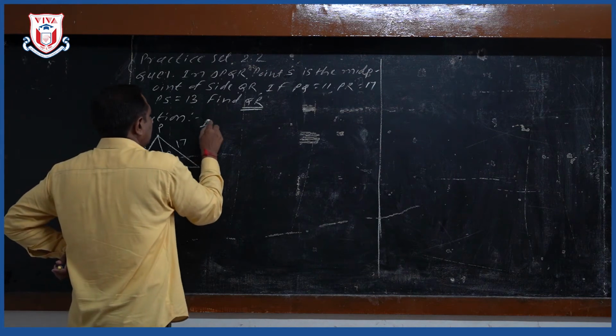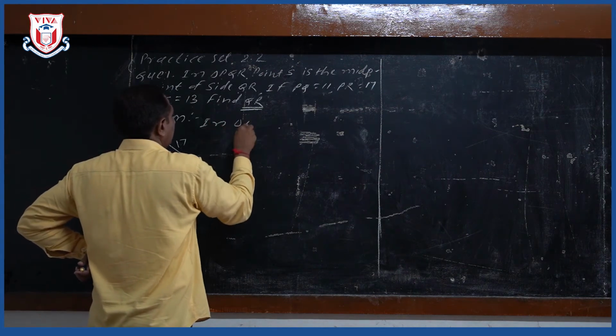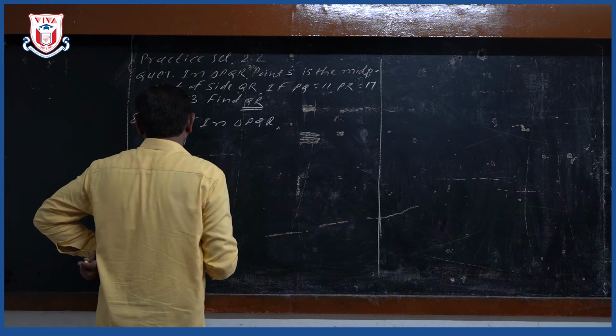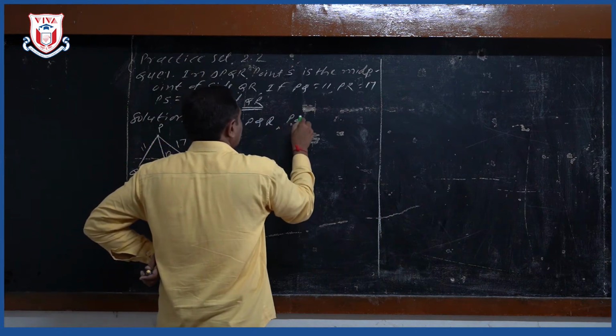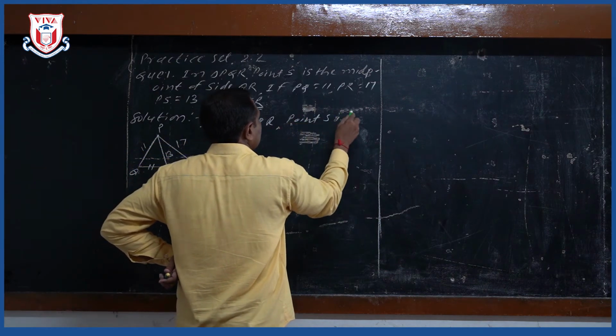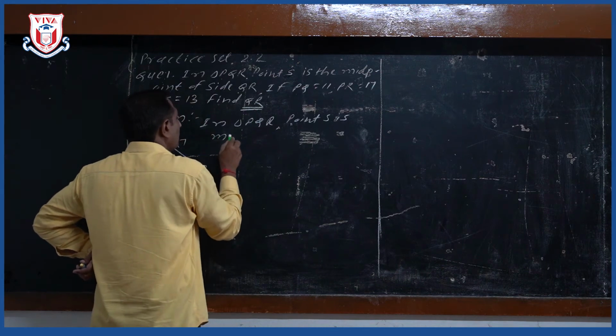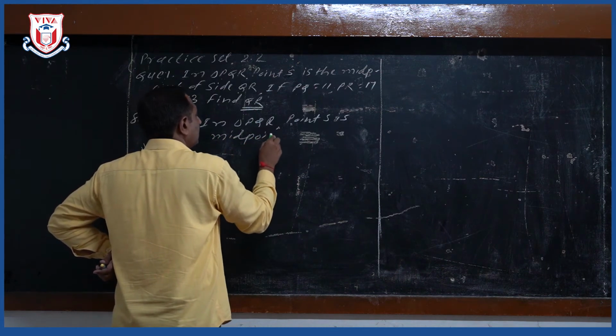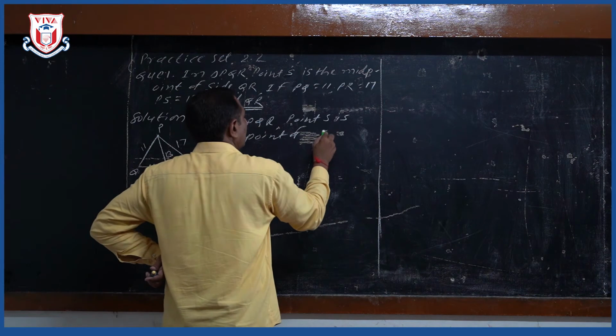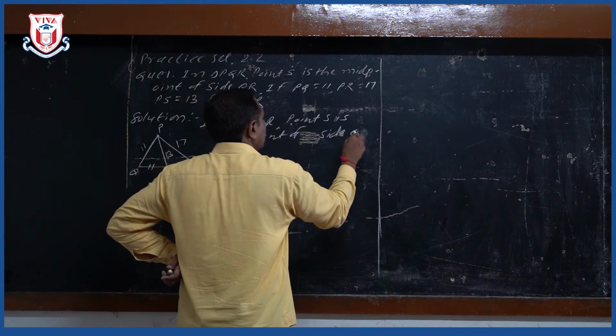Now in the solution, in triangle PQR, point S is the midpoint of side QR.